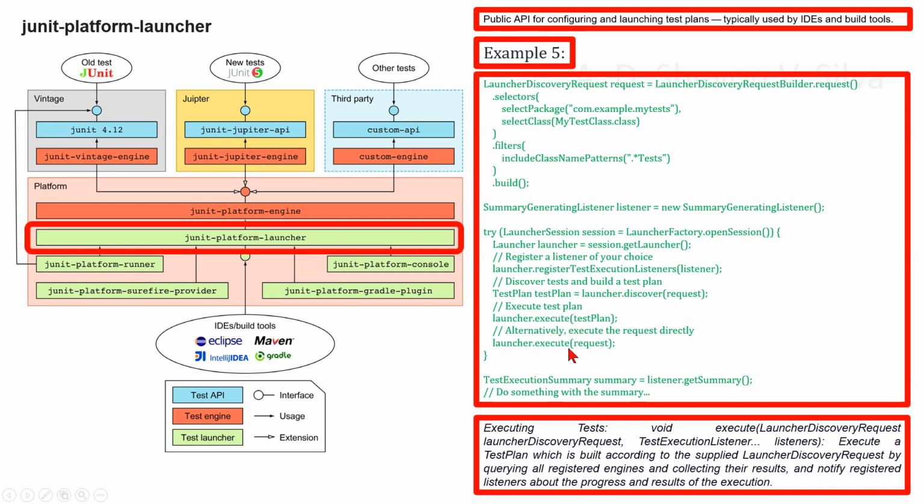Here the summary generating listener, a simple test execution listener that generates a summary of the test execution. Here the register test execution listener method registers one or more listeners for the test execution. Here the launcher.